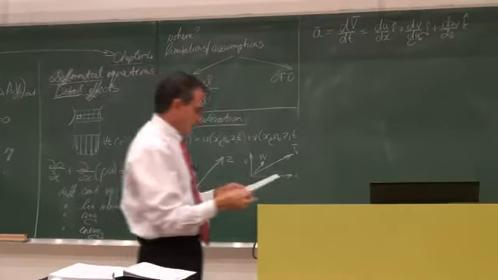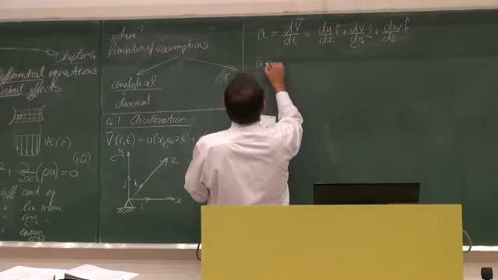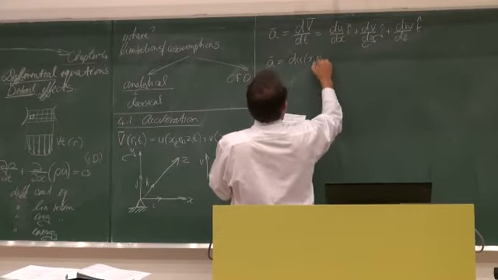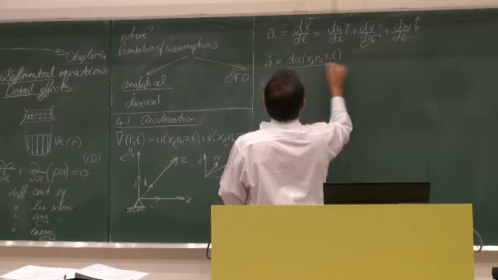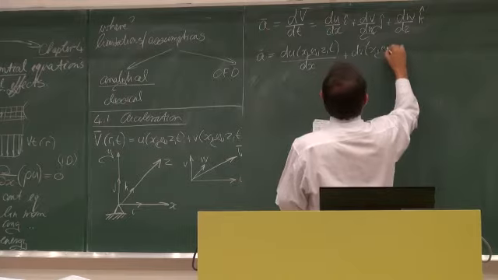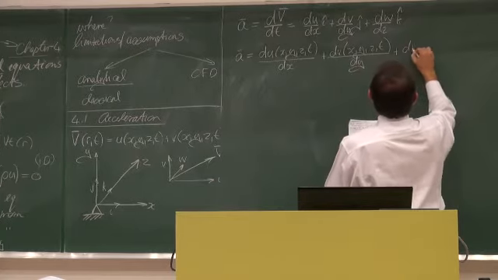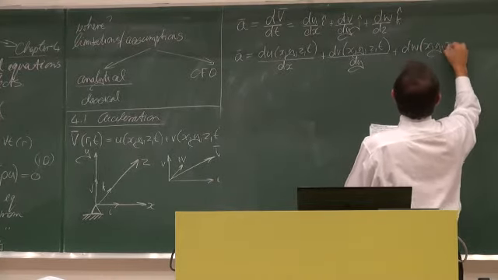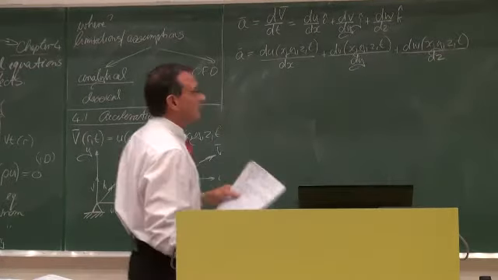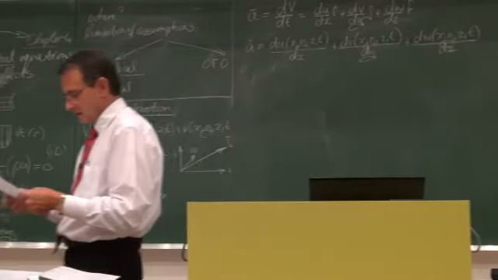So, just to make it more clear, we should write the acceleration as du(x, y, z, t) dx plus dv(x, y, z, t) dy plus dw(x, y, z, t) dz. Let's call this equation 1.